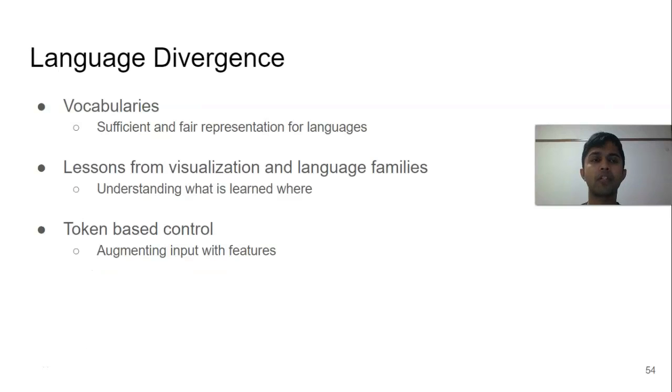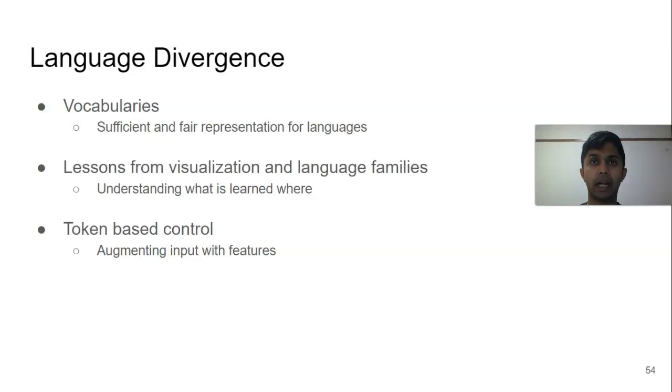On the topic of language divergence, I'll be talking about vocabularies and in particular sufficient and fair representation of languages via these vocabularies. I'll also be talking about lessons from visualization and language families, where we understand what is learned where. Finally, I'll also be talking about token-based control, where inputs are augmented with features.